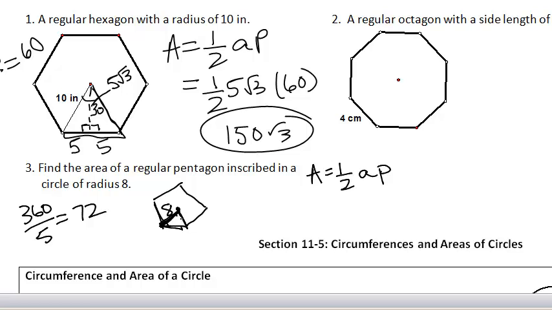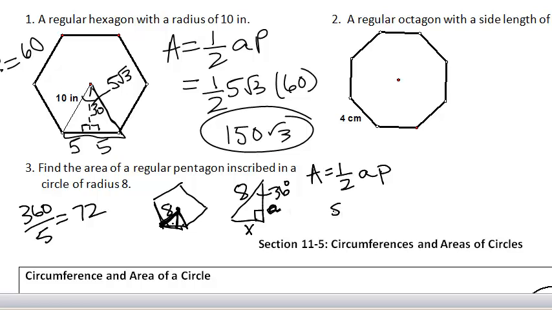And just like before, the apothem is going to split that 72 into two congruent angles. So if I take this triangle out, I'm left with two right triangles, with a top angle of 36 degrees and a hypotenuse of 8. I would have to do some trig on this one. Let's call this X and I'll call this A for apothem, because the height of this triangle would be the apothem in your shape.